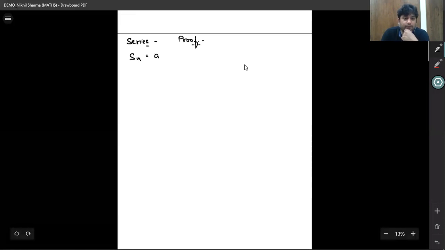Let me write the first term as a, the next term as a plus d times x, the next term as a plus 2d times x squared, and so on. Now seeing the general term, what is the last term? a plus n minus 1 into d, x raised to the power n minus 1.